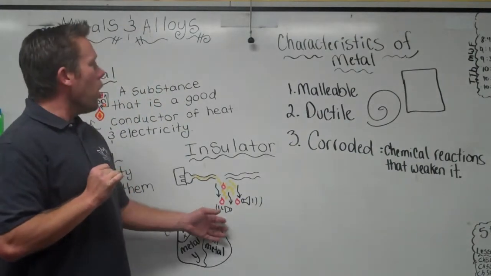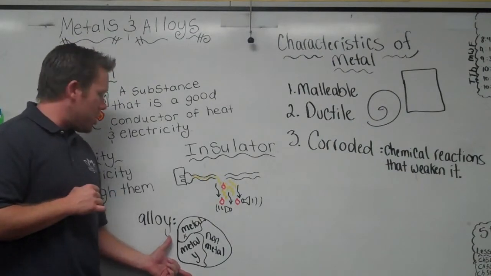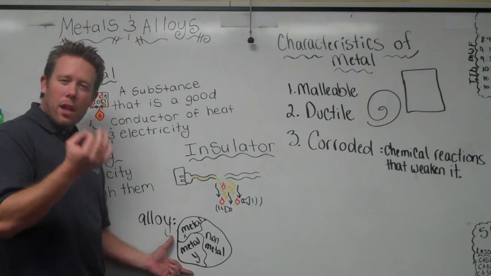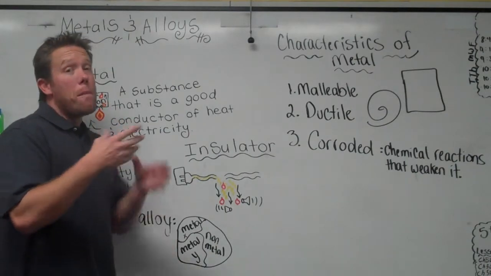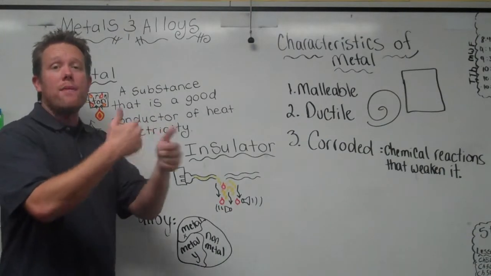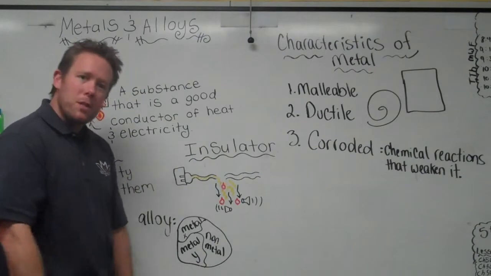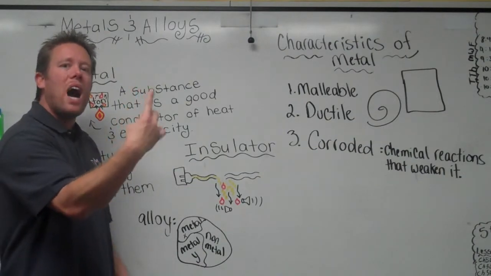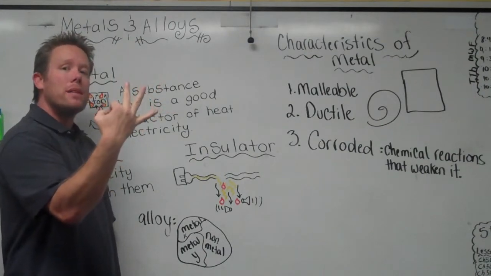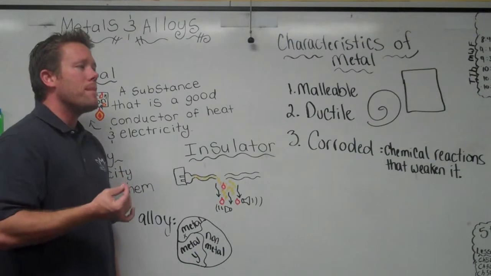Okay. Alloys, down here. Pretend like this is a chunk of alloy. Alloys are not pure elements. They're made up of pure elements, but because they have more than one kind of element in them, they're not pure.